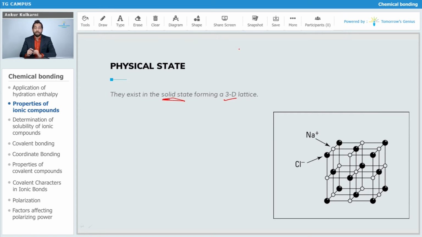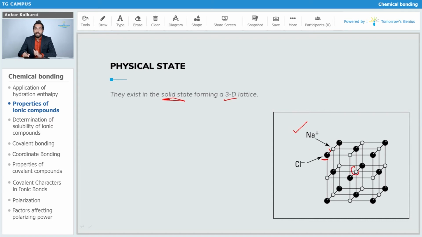For example, on your screen, you can see the example of sodium chloride, that is Na+ and Cl-, where Na+ is given by the white circles, correct? And Cl- is provided with the dark, that is black, circles. Let me consider the middle Na+.